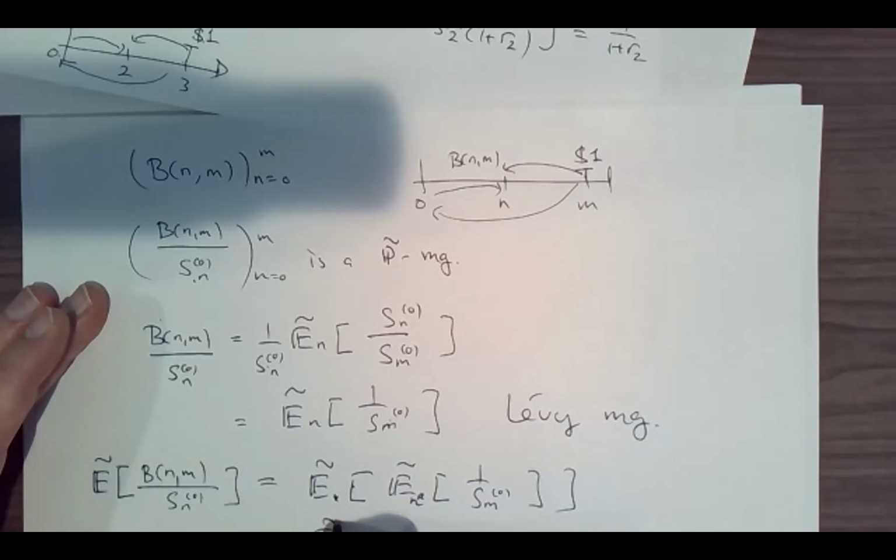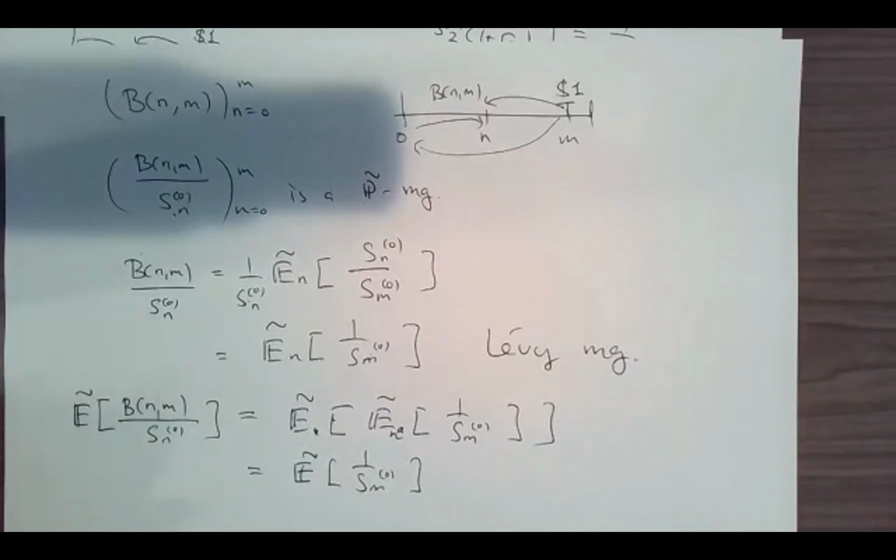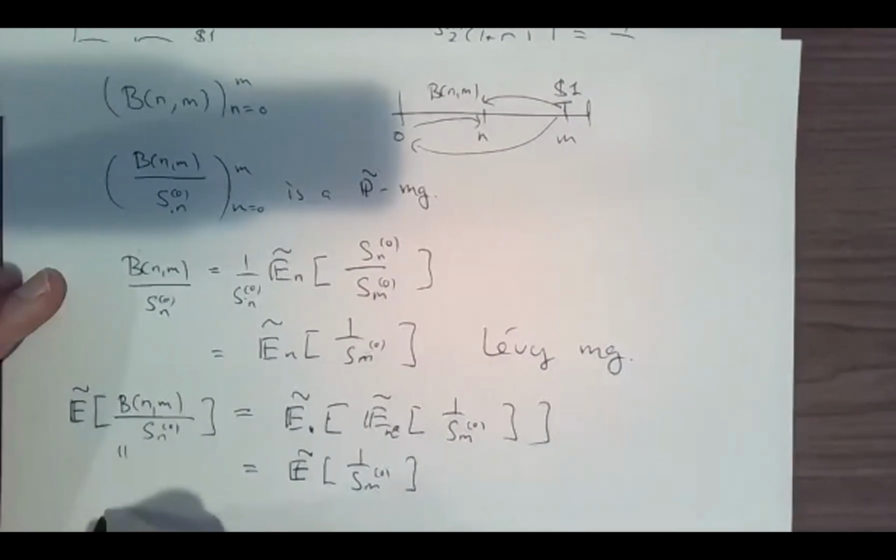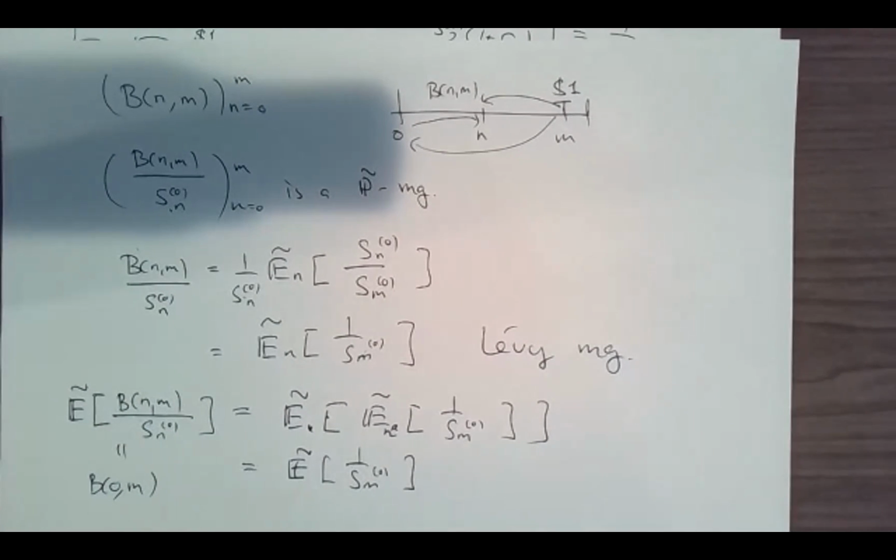So this would be the expectation of 1 over SM0. And this one here would be B0M.